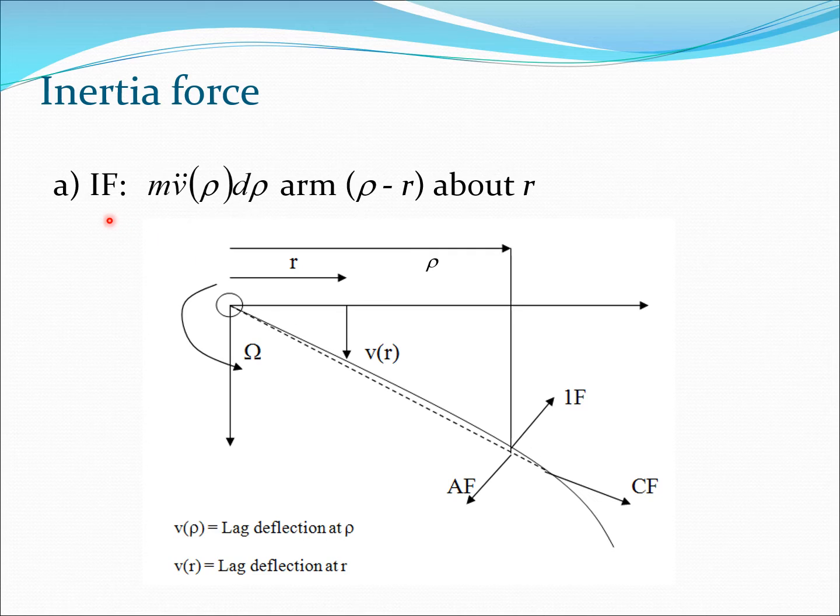We start with the inertia force, IF. It acts in a direction which opposes the direction of motion of this lag. So it's going to be m V double dot d rho, and the arm is going to be rho minus r, because this is rho here and this is r, so this is exactly the distance from location r to the point here. Remember, we are going to take the moment at the section r.